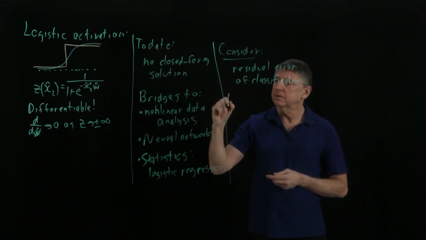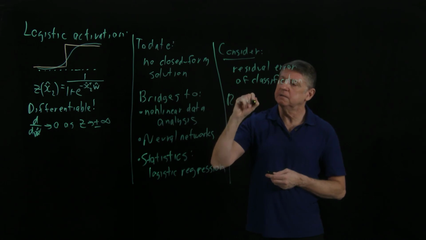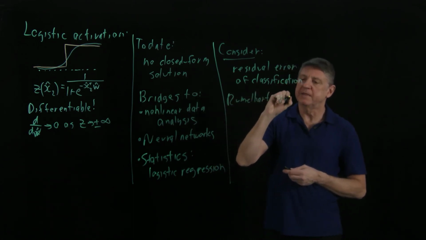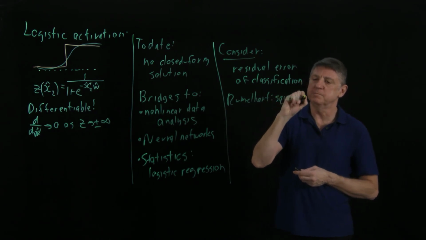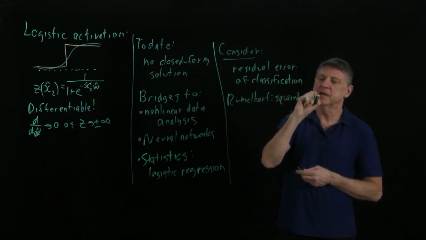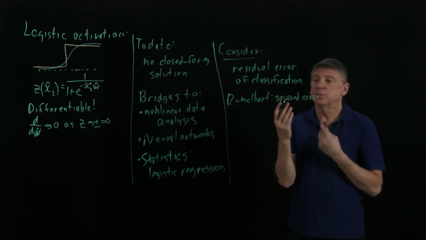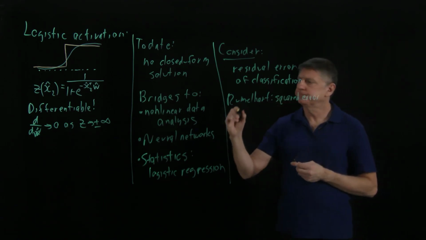So Rummelhart et al. use the squared error, and that's a term that we've used in many sessions. That, for example, is how we solve linear regression: we minimize the squared error.